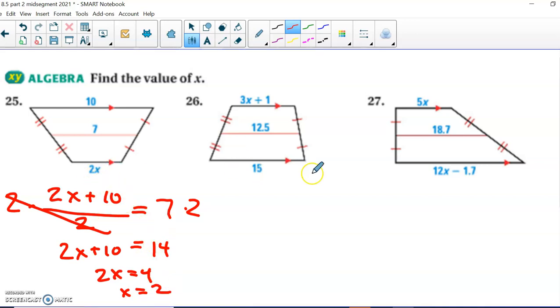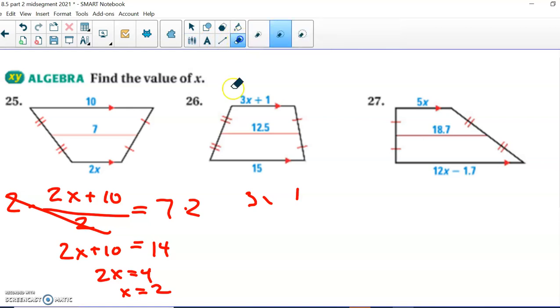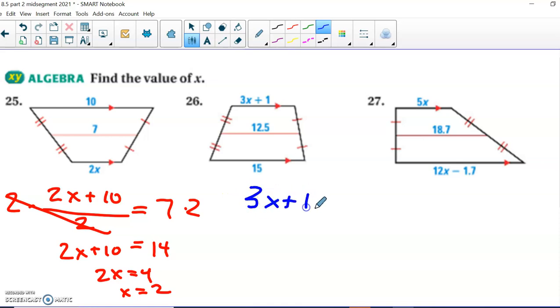All right, same thing here. We're going to say that 3x plus 1, when I add that to 15 and divide by 2, I get 12.5.